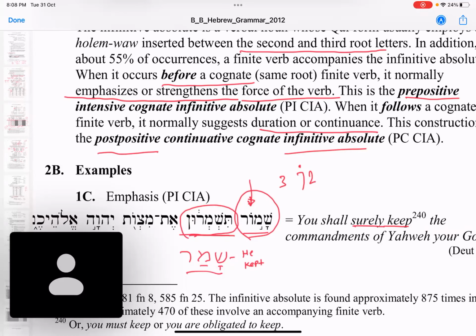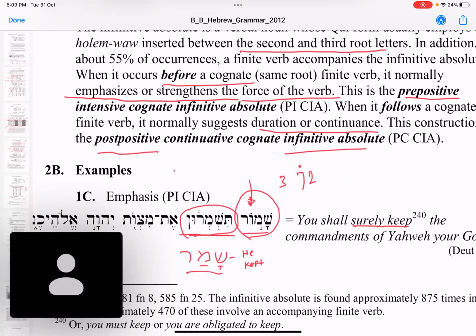Whereas this PCCIA, PC means what? Post-positive. PI means what? Pre-positive. PC means post-positive, continuative. Now PI means pre-positive, intensive.